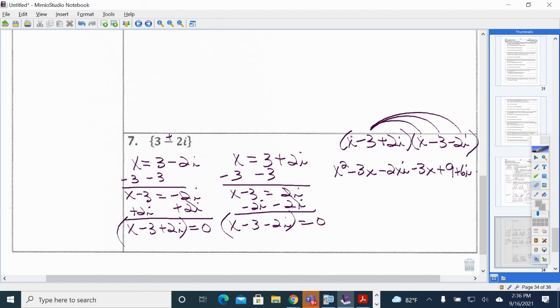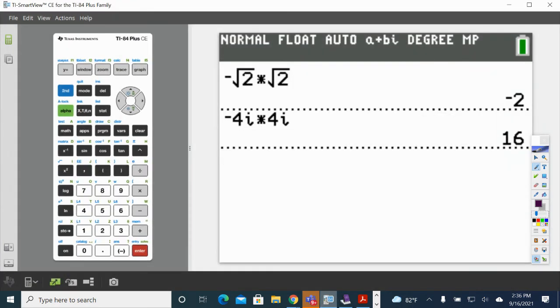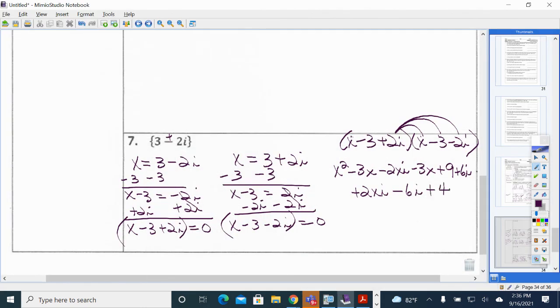And the last one is that 2i. 2i times x, I'm coming down to the next row, is a positive 2xi. 2i times -3 is -6i. And then 2i times a -2i, we're going to do in the calculator. 2i times -2i gives me a positive 4. So plus 4.